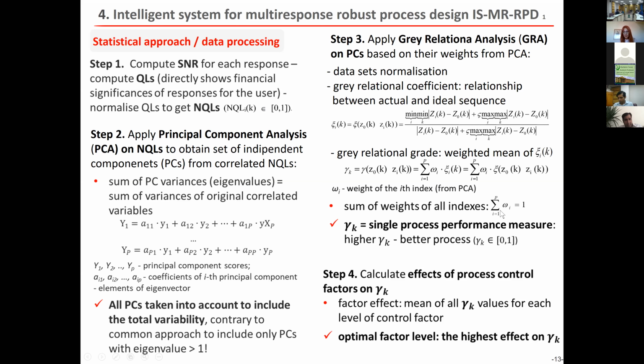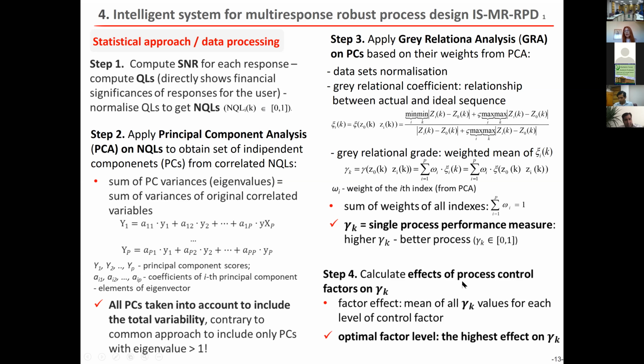The bottom line is that at the end, I get a single process performance measure that is obtained in a totally objective way on one side, and on the other side, it encloses 100% of the variability of the original data. So from multiple objectives, I get one objective, and I obtained it in a fully objective manner.